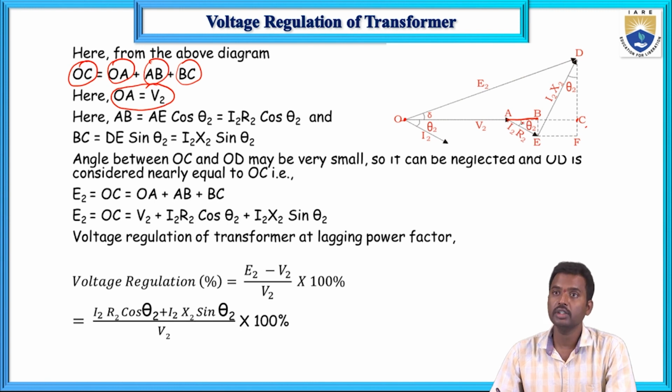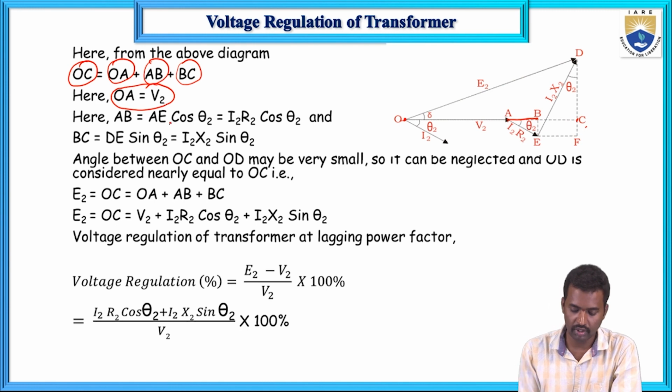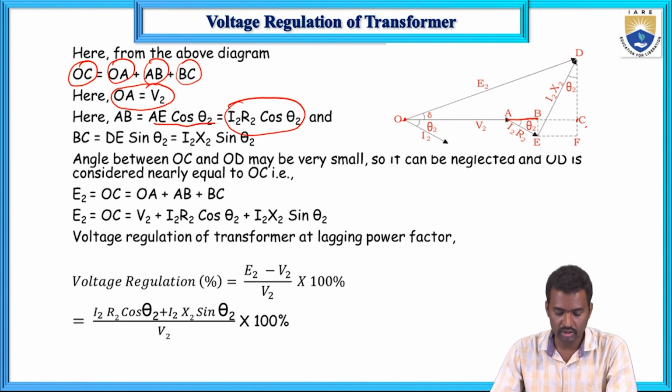This angle is theta 2, so AB equals AE cos theta 2, and AE equals I2R2. So AB equals I2R2 cos theta 2, not phi 2, cos theta 2.